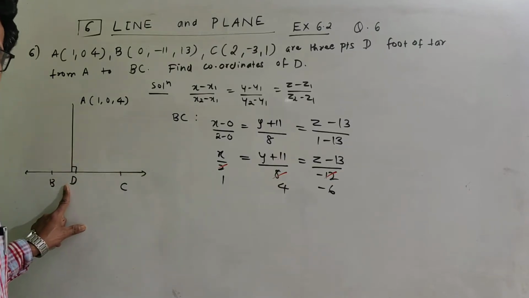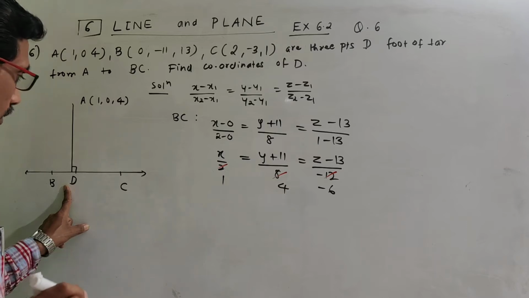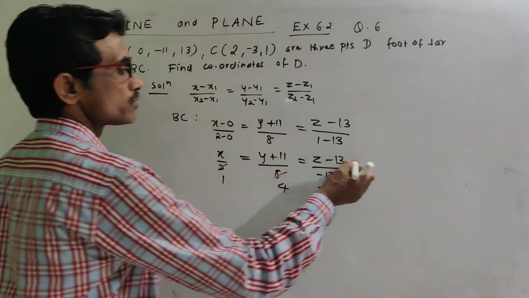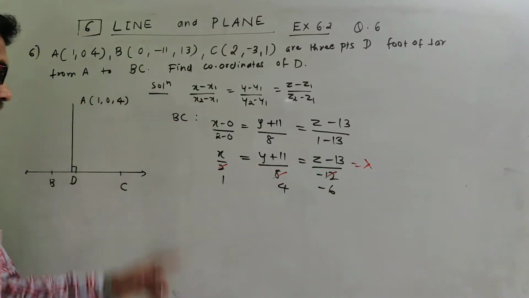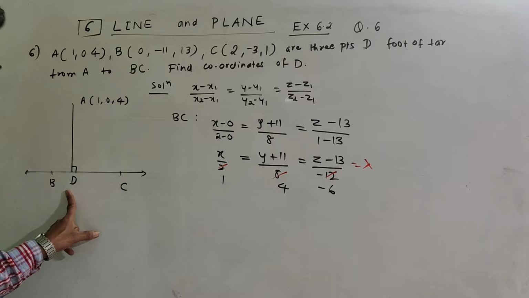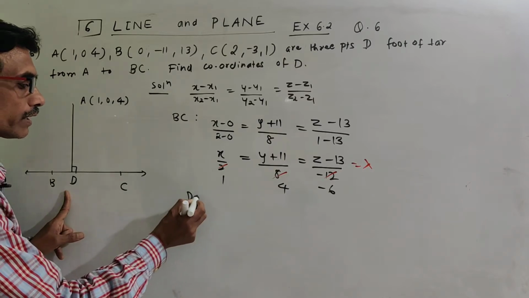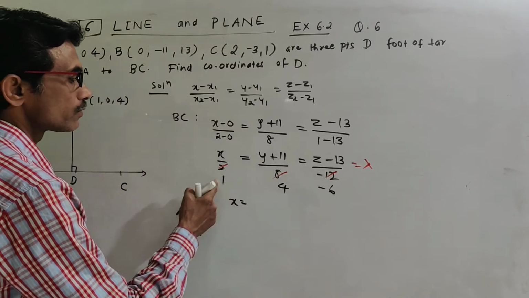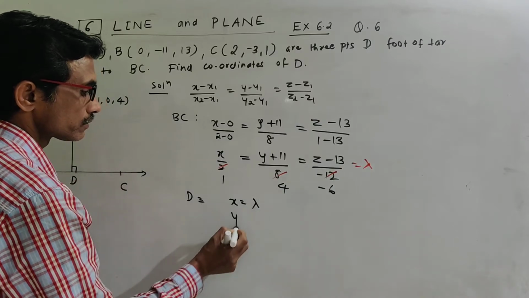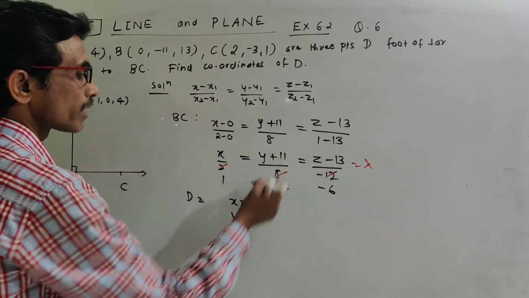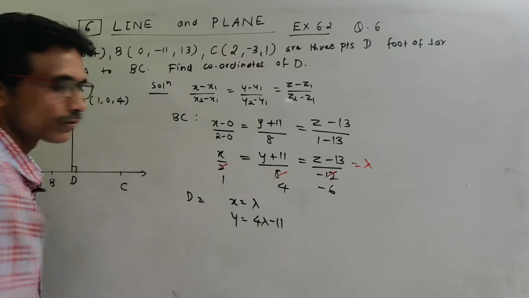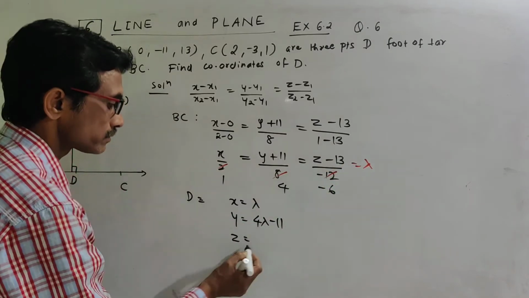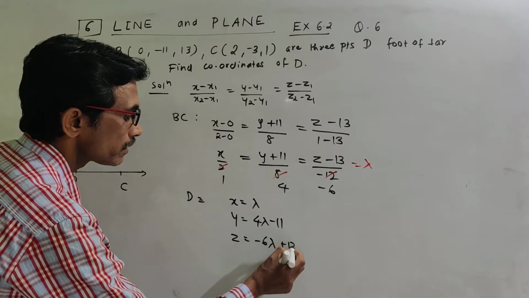Now D is a point on line BC, and we need the foot of perpendicular. So any point on line BC, suppose we equate with lambda, then you will get the coordinates of any point on BC. How will you get the coordinates of D? x is equal to lambda, y is equal to 4 lambda minus 11, and z is equal to minus 6 lambda plus 13.